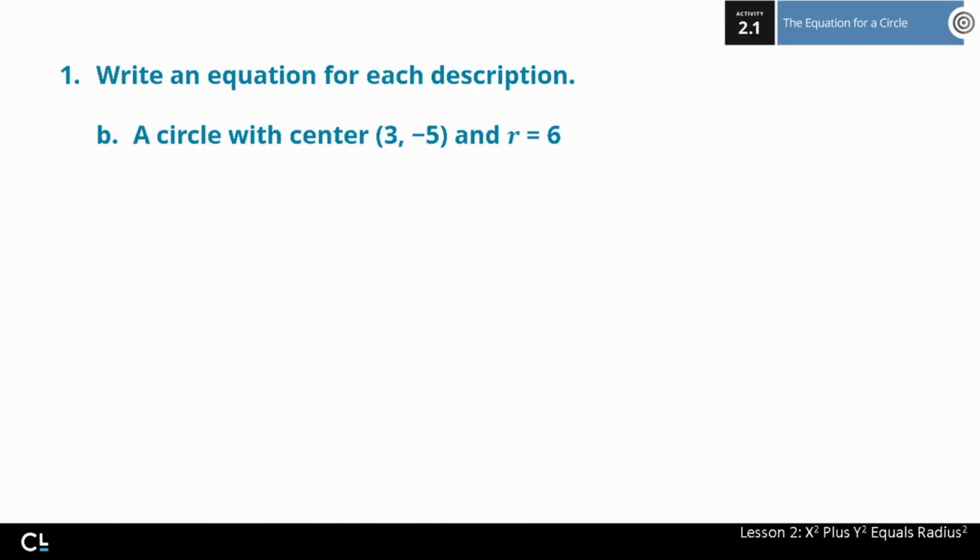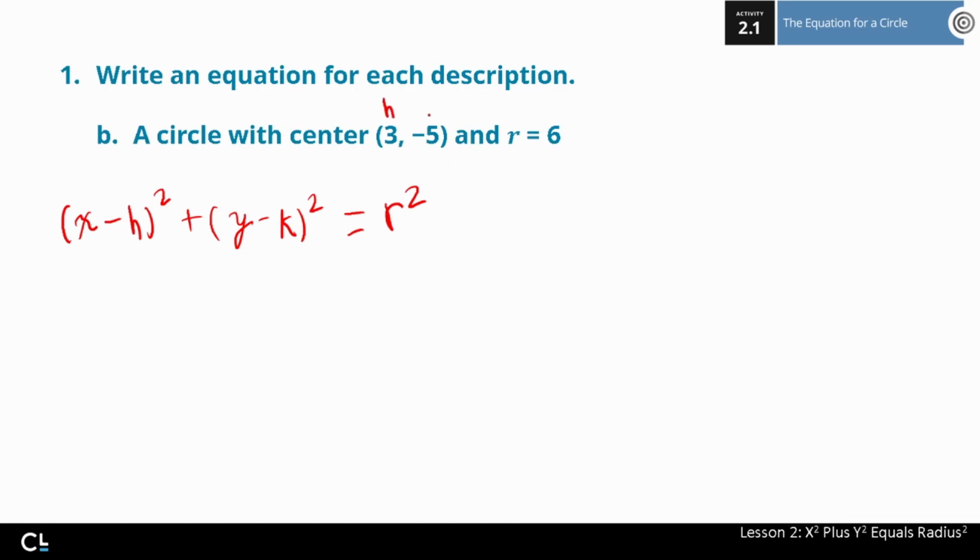The next one, now we have different values. We're going to have to plug them in, and we want to write the equation of the circle. So once again, what is the equation of the circle? It is (x minus h) squared plus (y minus k) squared equals r squared. And we want to plug everything in.